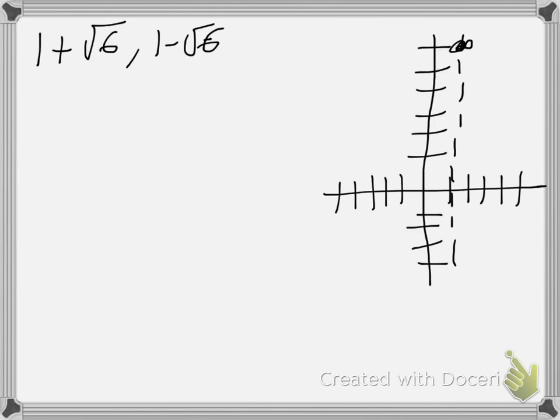So it should be somewhere around here, and the other one should be between like -1 and -2. So those are my x-intercepts.